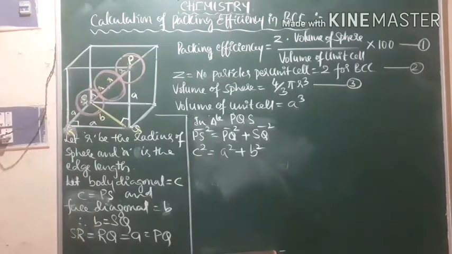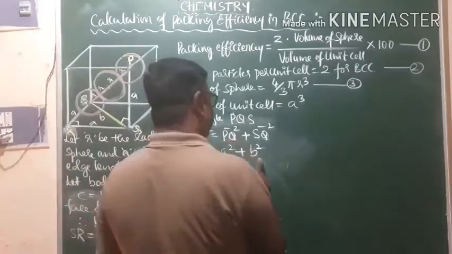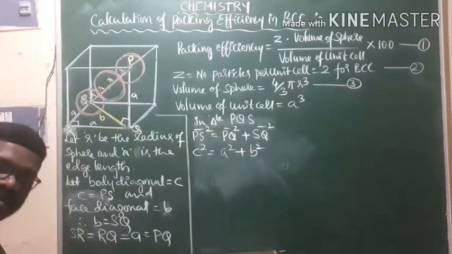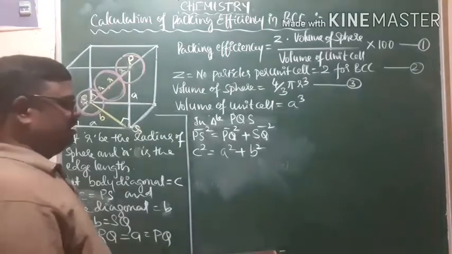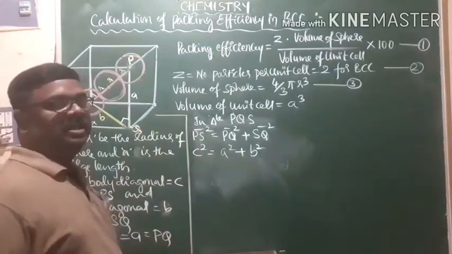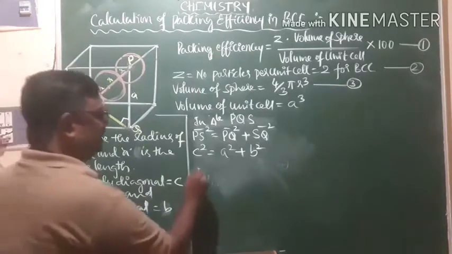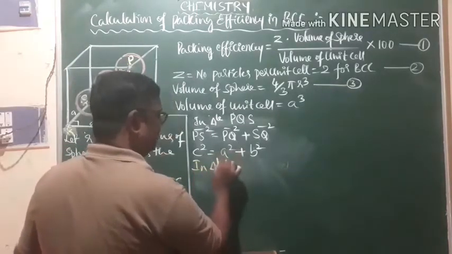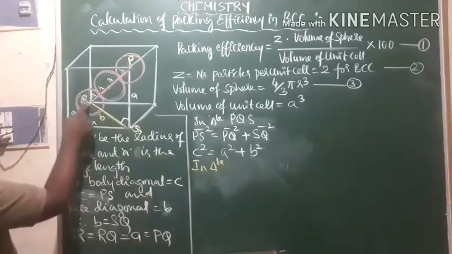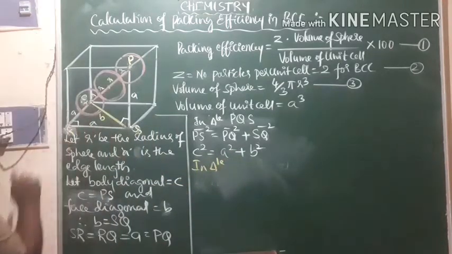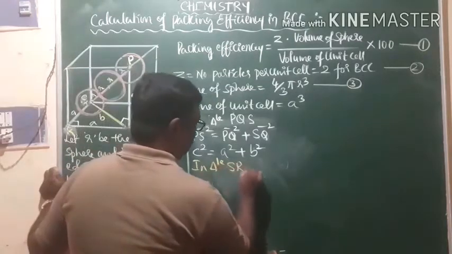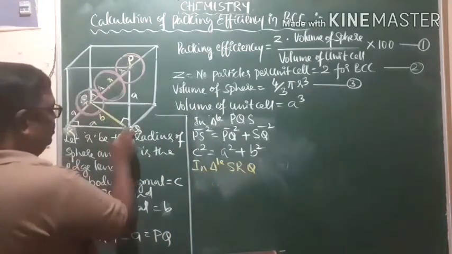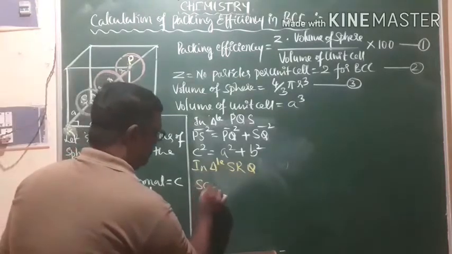But I want to express this B square in terms of A. For expressing B square in terms of A square, you consider the second triangle, that is the right angle triangle SR cube. In triangle SR cube, S cube is the hypotenuse.